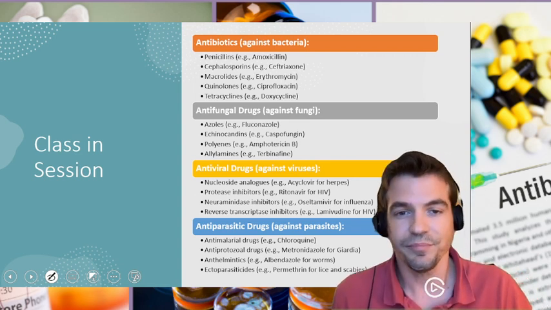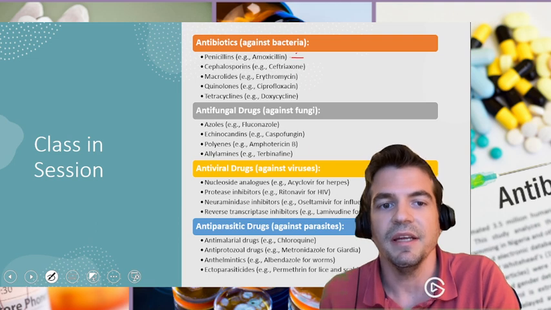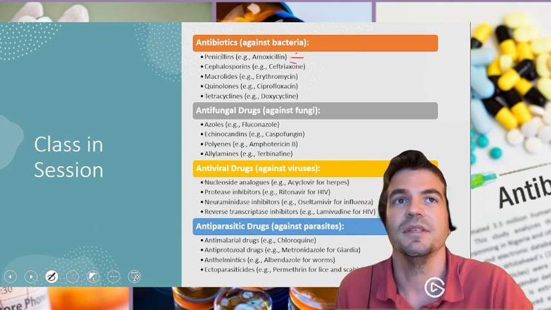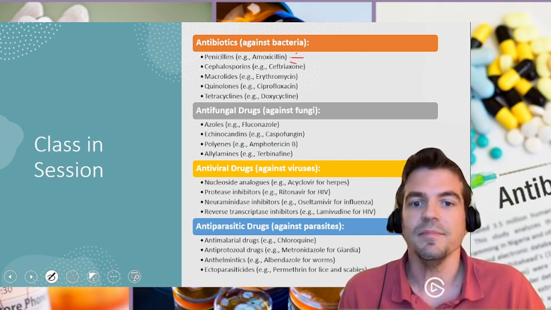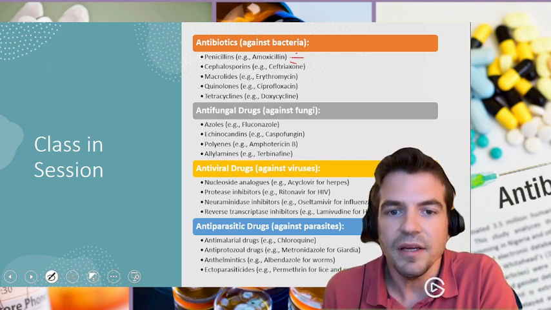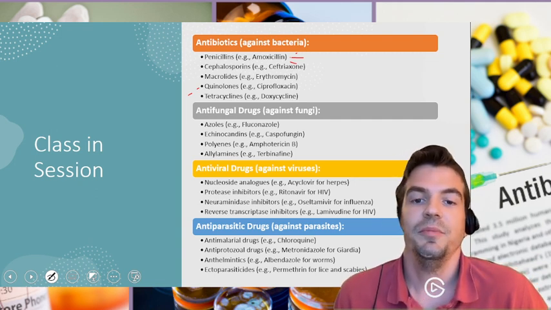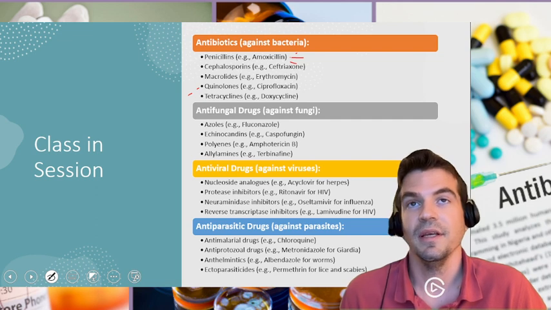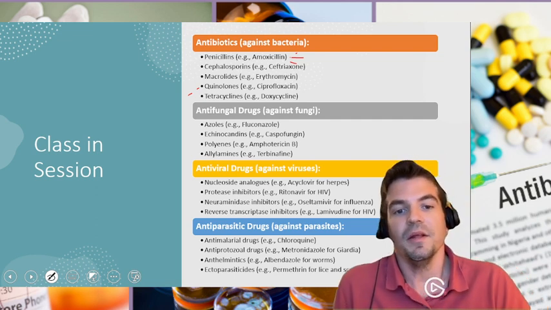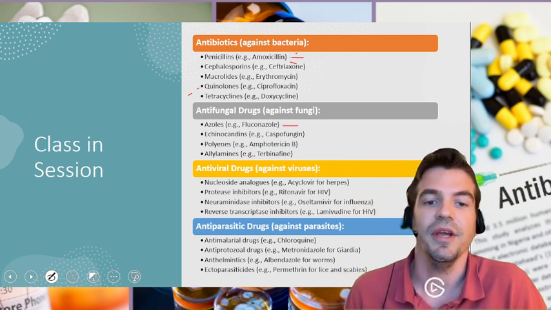Anything ending in "cillin" is going to be antibacterial: penicillin, amoxicillin, you already know that one. Anything with quinolones is going to be the fluoroquinolones we were talking about, and those are antibacterial as well. Then we go into antifungals and look at another ending, azoles.